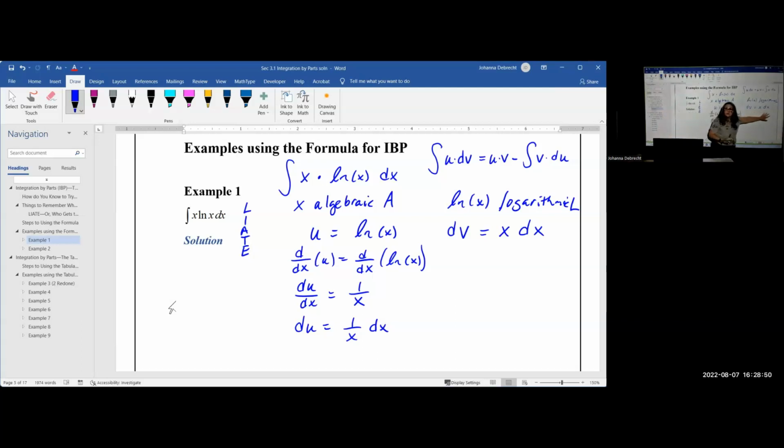Now let's look at the harder side. The harder side is the dv side. And what we want to do here is integrate both sides. So when we integrate both sides, what are we actually ending up with? So now I integrate the dv and I integrate the x dx. So I'm applying the same operation to both sides. I've already got differentials. So when I integrate dv, I get back to v, right?